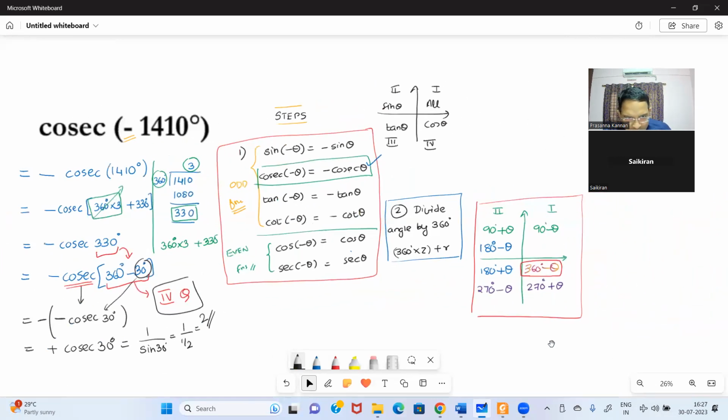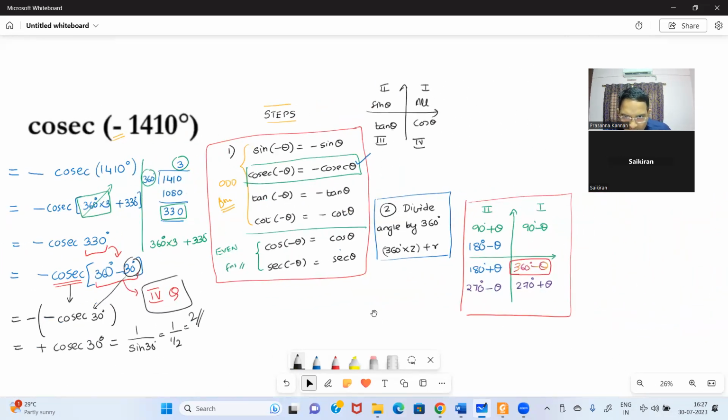So for answering this question, all this knowledge is required. Clear? Take a screenshot and go through it once. Tell me whether you are able to understand. First answer is minus. Therefore, you will use this property: cosecant of minus theta is minus cosecant theta. Clear?